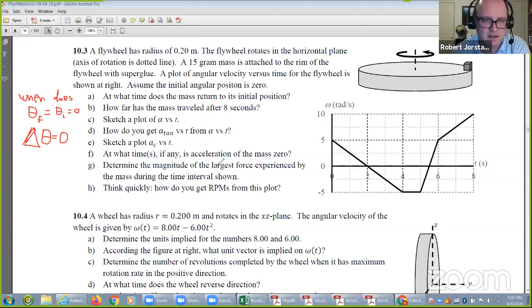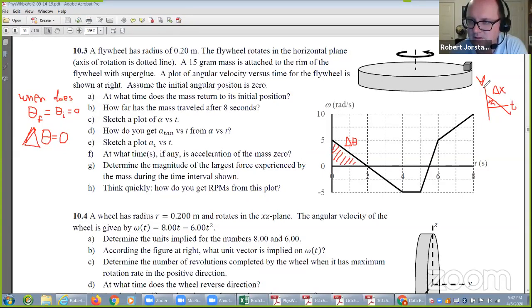Hopefully you're thinking right now, oh, wait a minute, the area under the curve. If I do the area under the curve, that's delta theta. Just like the area under a VT plot was delta X.